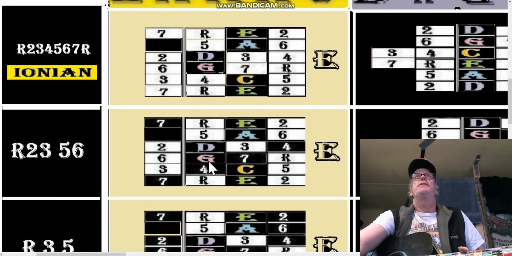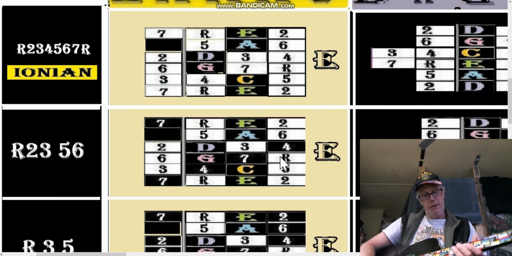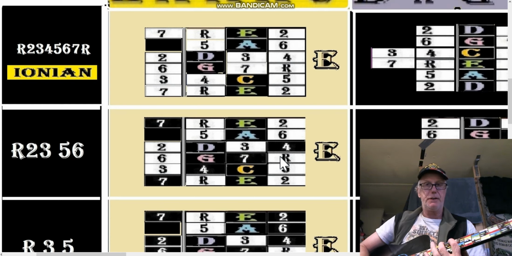Okay, so with that G shape C now, we would start on 6/7 root. We have the same G string shape, 6/7 root here.